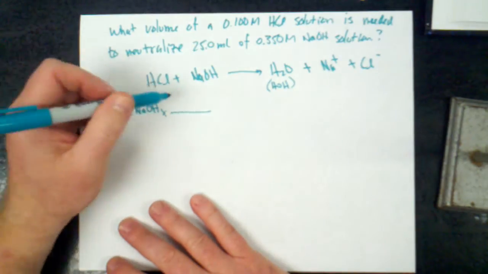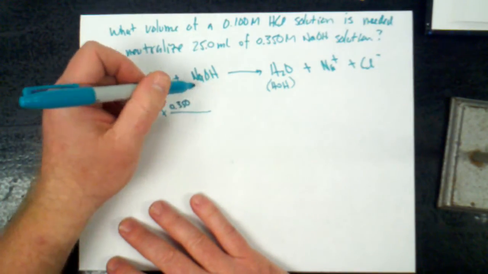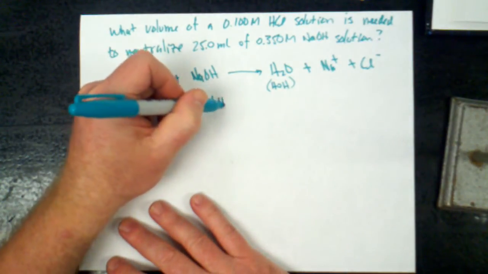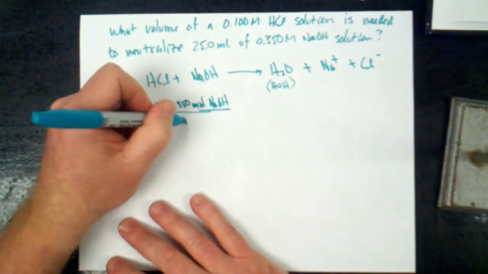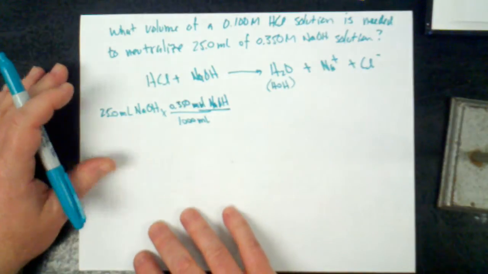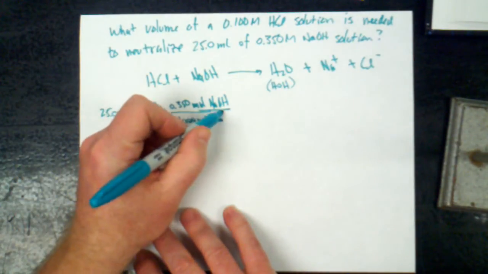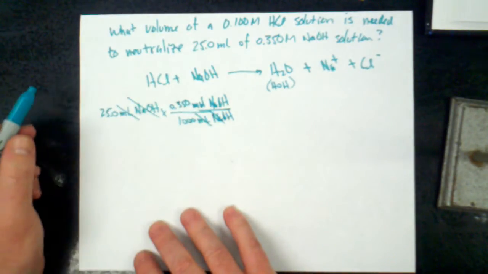So the molarity of this solution says that there are 0.350 moles of sodium hydroxide for every liter or 1,000 milliliters of solution. So the milliliters of NaOH cancel, and now we're in moles of NaOH.